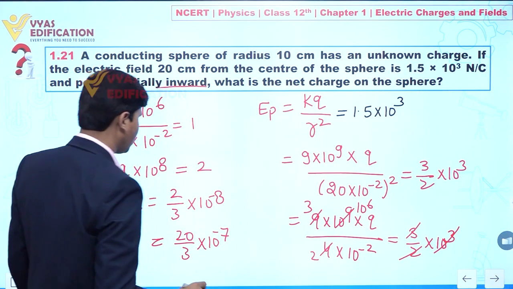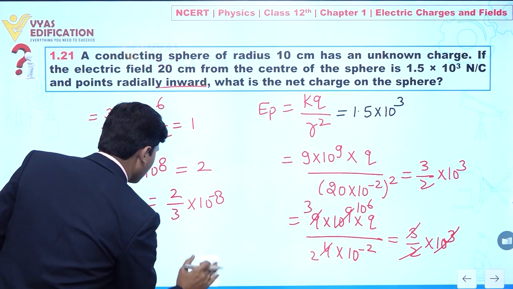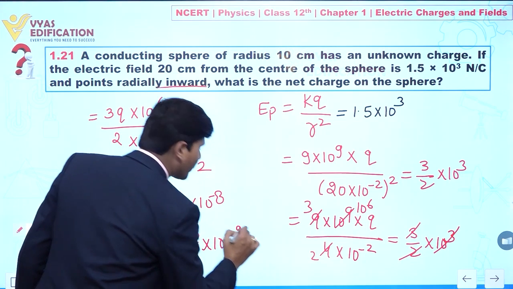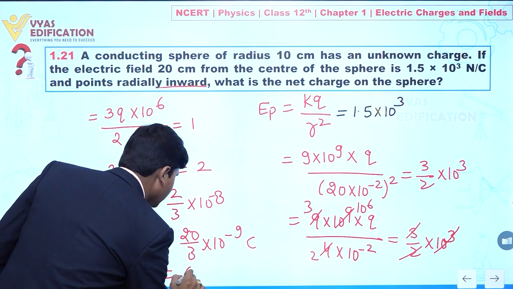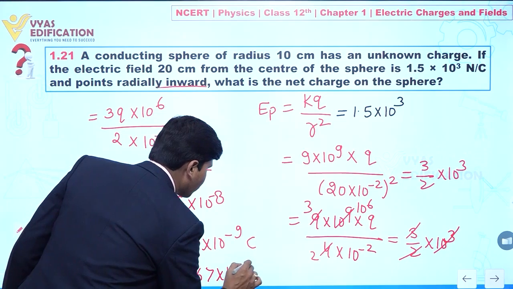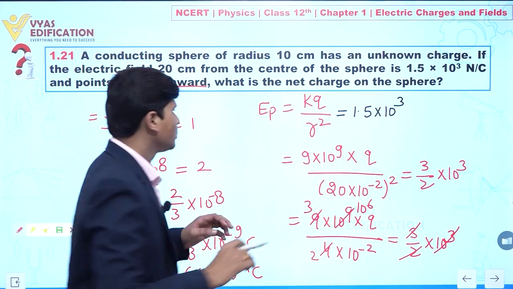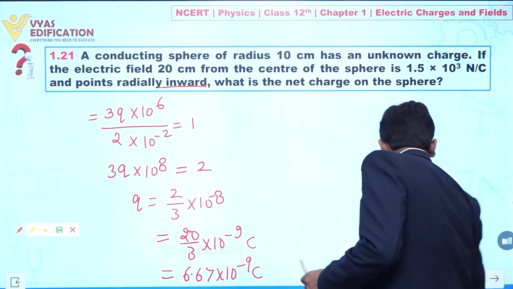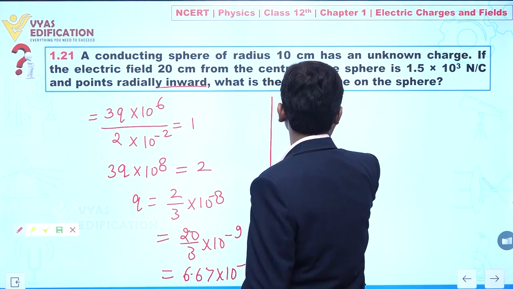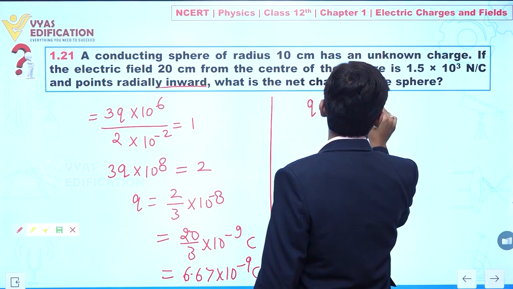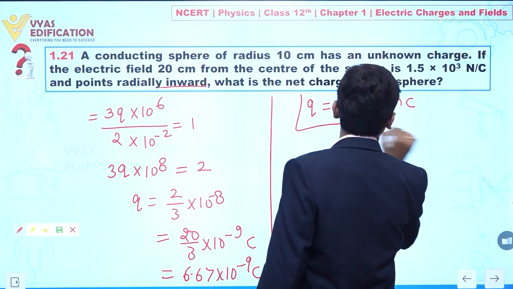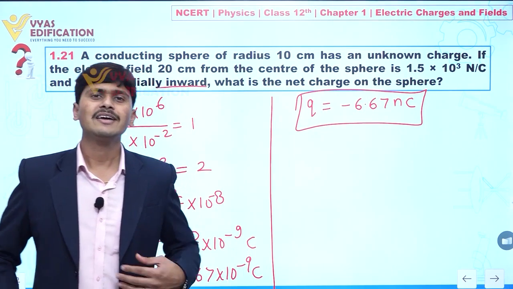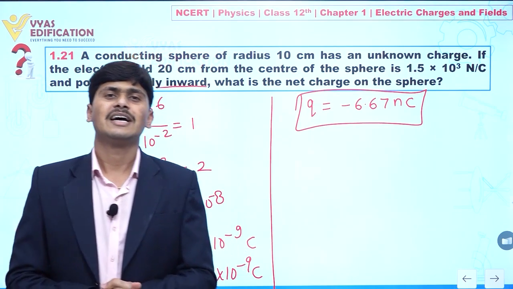So from here we can write 20 by 3 into 10 to the power minus 9 Coulomb. Yes or no? So from here we can say this is 6.67 into 10 to the power minus 9 Coulomb. So value of Q is equal to minus 6.67 nano Coulomb. Clear to you? So value of charge we have is minus 6.67 nano Coulomb. So this is our answer.